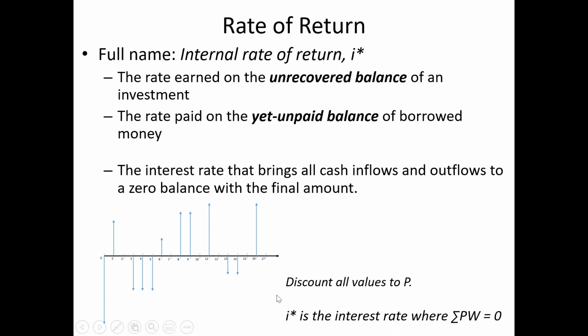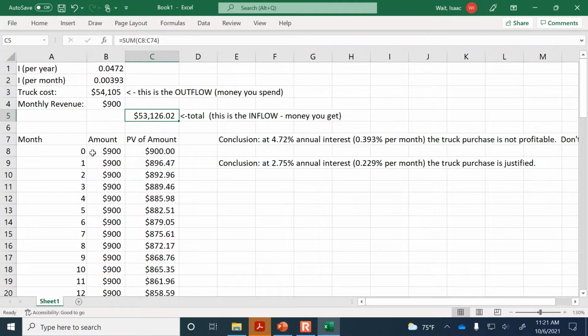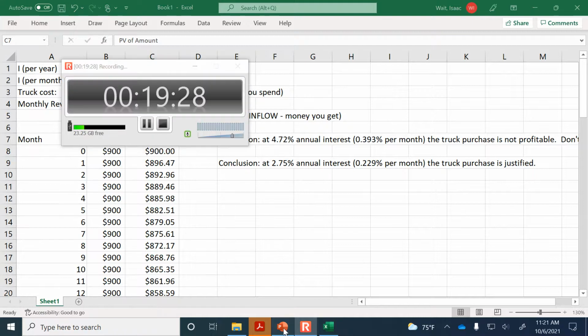And so let's say you have a cash flow diagram. Your procedure is to set up a spreadsheet to discount all the values to the present, just like we did here. Set up a spreadsheet that has year or period or month, so some time column, an amount, and present value of amount.